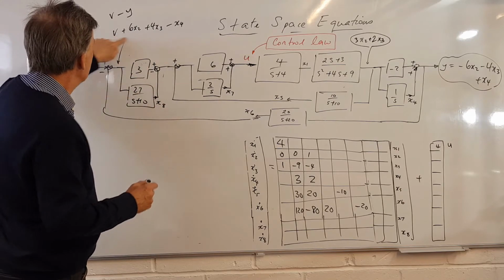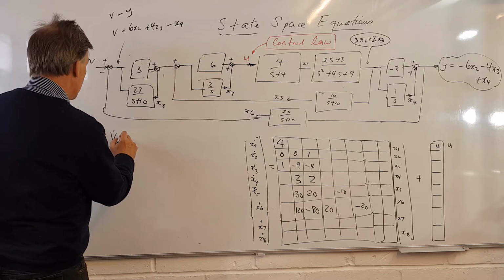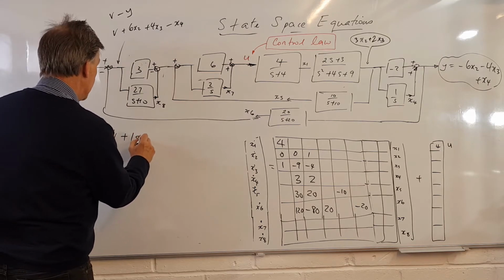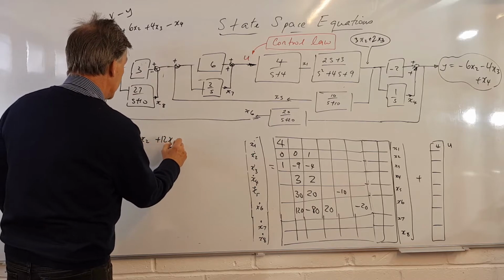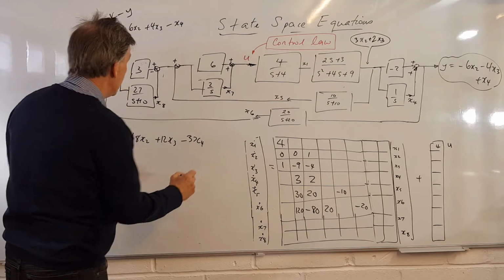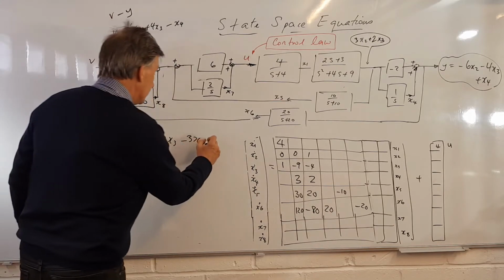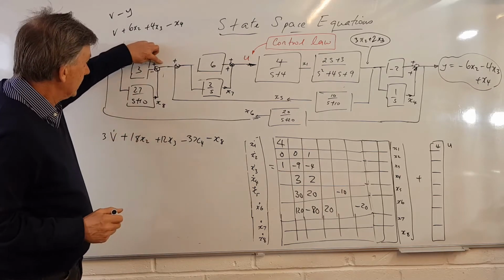So it's going to be 3v plus 18x2 plus 12x3 minus 3x4 minus x8. So that term there is going down there.